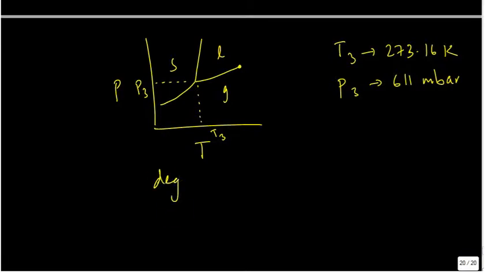So degree of freedom, defined by or denoted by F. If you think about any of those lines, the solid vapor line or the solid liquid equilibrium, everywhere we have only 1 degree of freedom. Right? I vary temperature, the pressure is defined, so it cannot be anything else. You'll have to stick to this curve if I am at equilibrium, right?